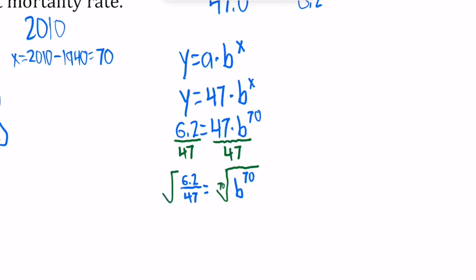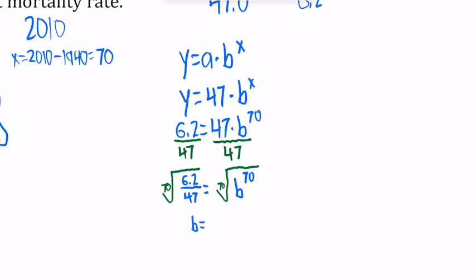We would take the 70th root of both sides. The way the equation is set up right now, we don't need to take a logarithm. You take a logarithm of both sides when you have a variable in the exponent. When you have a number in the exponent, that number tells you what root to take of both sides.